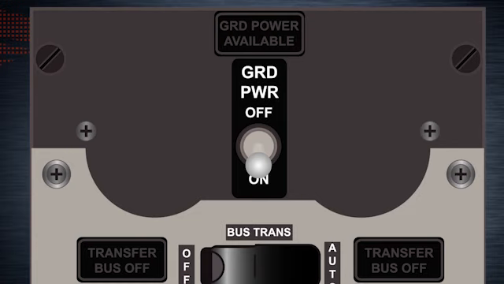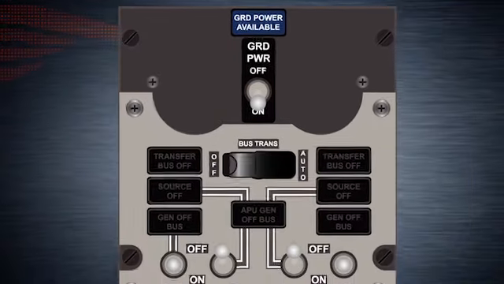Removes any previous connection to the AC transfer buses in order to avoid multiple sources powering the same transfer bus. The on position will only connect ground power to the AC transfer buses if the power quality is appropriate. Above the ground power switch, a ground power available light illuminates in blue whenever external ground power is connected and the power quality is appropriate enough to power both AC transfer buses.